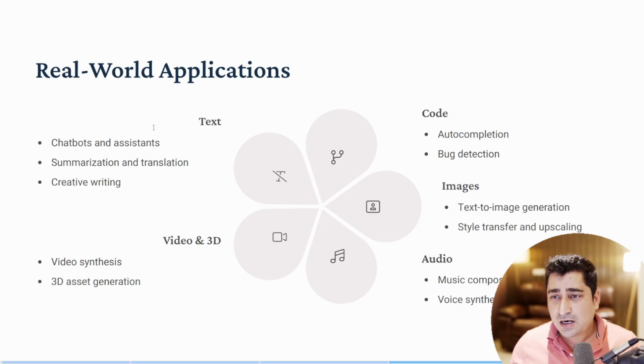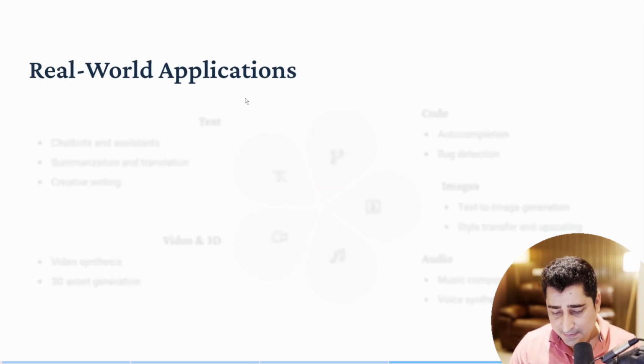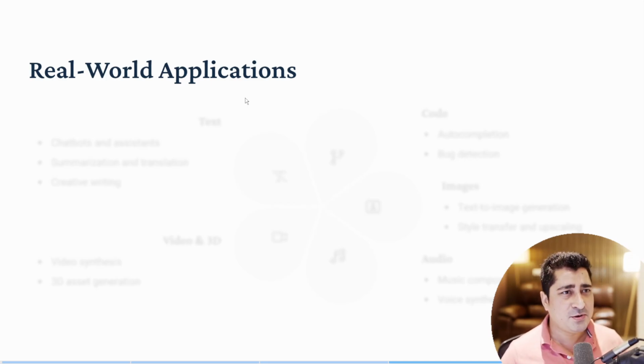So if I talk about a real world application, I don't think we are not able to see real world applications. Every day we are able to see images and videos, a lot of videos and images on social media, right? Everything is being generated by AI, and we are liking it, we are loving it.